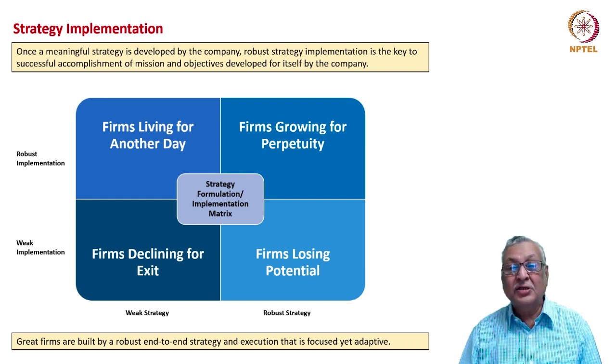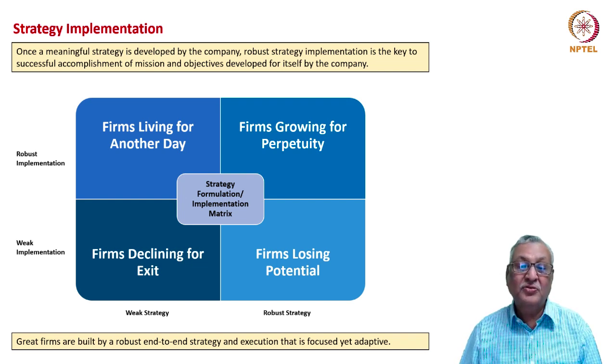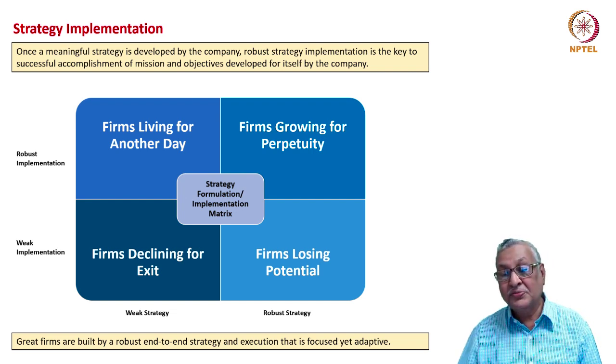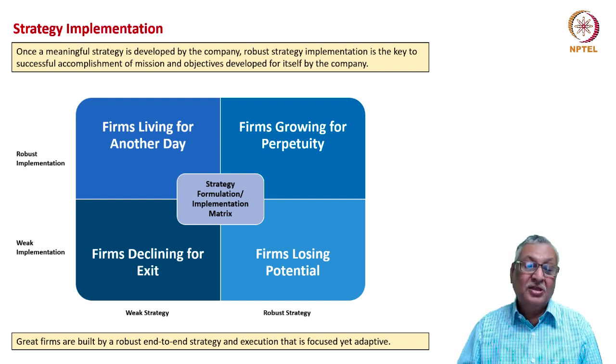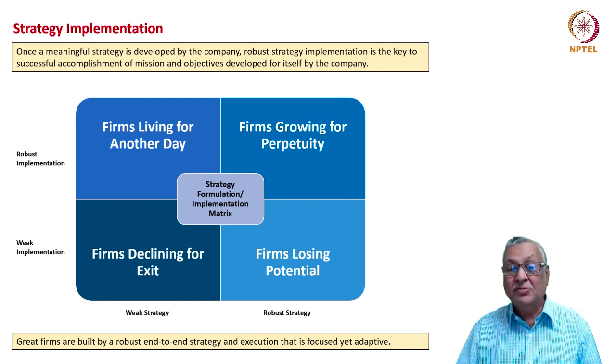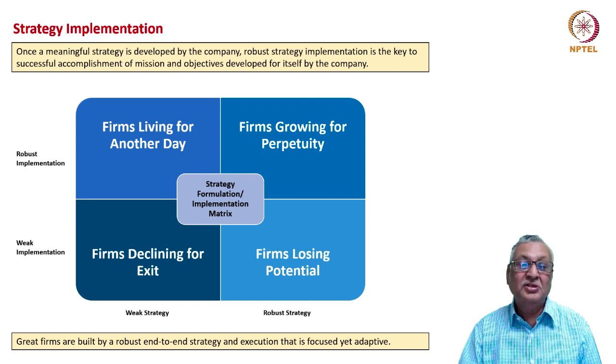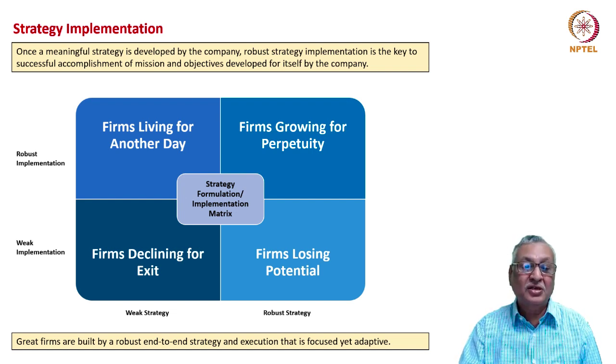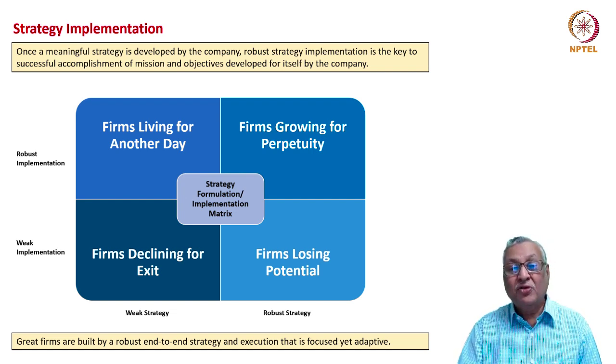Now let's look at this paradigm in terms of 2 dimensions again. We may have a weak strategy, we may have a robust strategy. I believe that there is nothing like a good strategy or a bad strategy, but there could be a weak strategy, there could be a robust strategy. What is a weak strategy? A weak strategy is one that is developed without any understanding of the resources that are required to execute it, without proper analysis of the external and internal factors, where the formulation process itself is deficient.